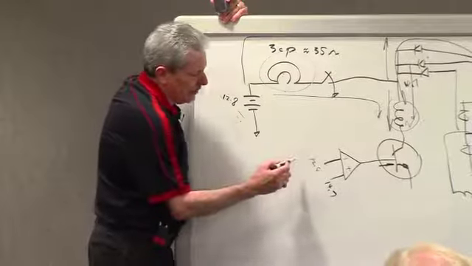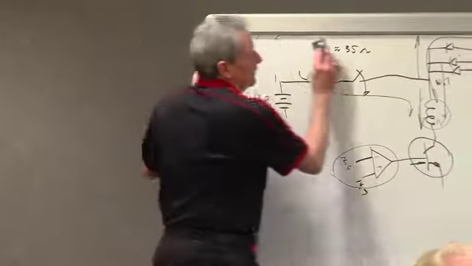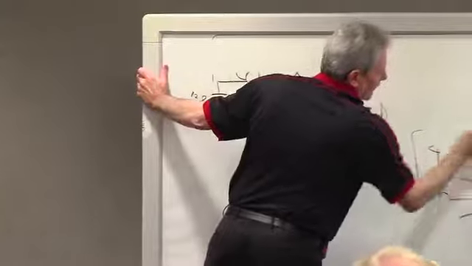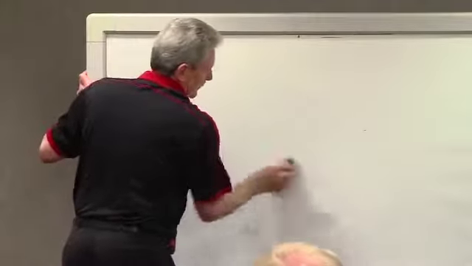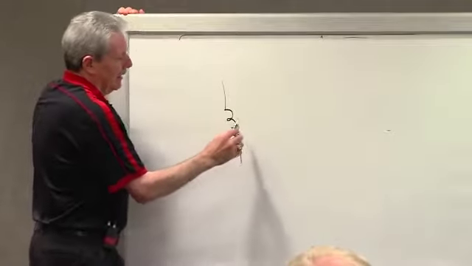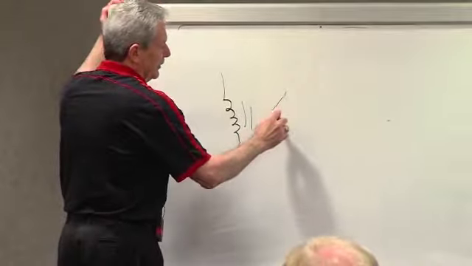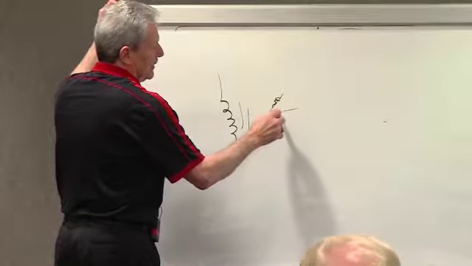The question that I had when I first got into regulators is, why do you have to switch this? Let's do some Ohm's law work here. We got a field that's magnetically coupled to this. These are the stators.